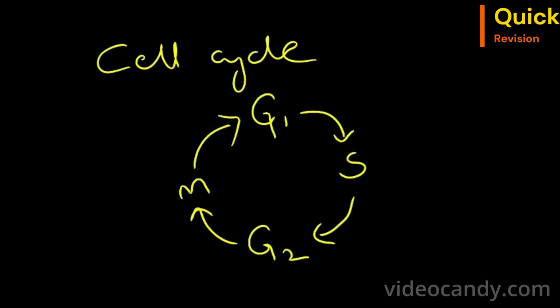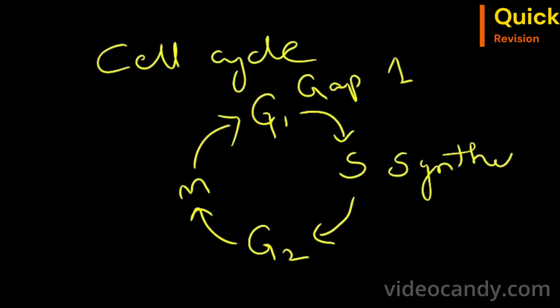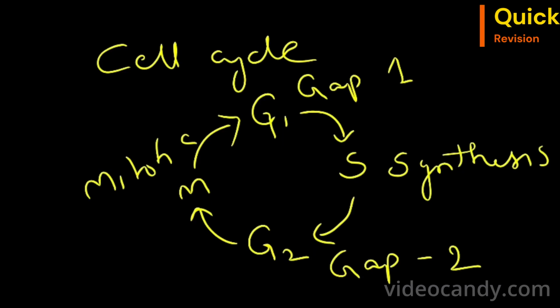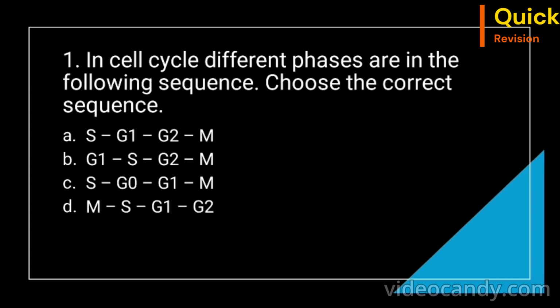G1 is called the gap 1 phase, S is the synthesis phase, G2 is the gap 2 phase, and M is the mitotic phase. So this will be the sequence of it. Here, the option B is the correct answer: G1 phase, S phase, G2 phase, and the M phase.